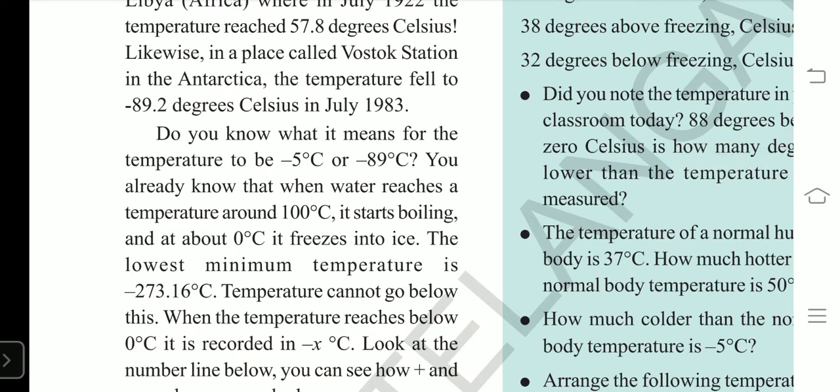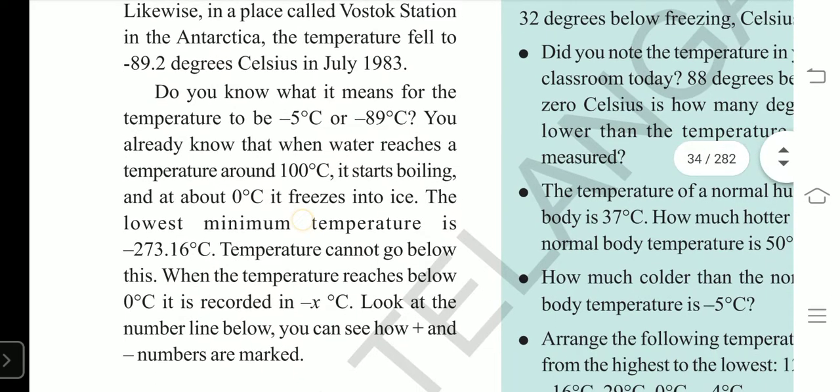Water starts boiling at 100 degrees centigrade, right? After that it turns to vapor, water vapor, a gas we find in the atmosphere, right? Then at 0 degrees centigrade, water freezes and turns to ice, right?